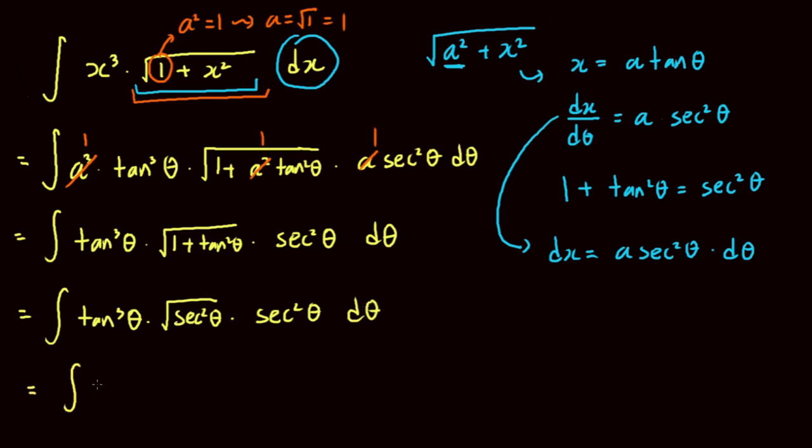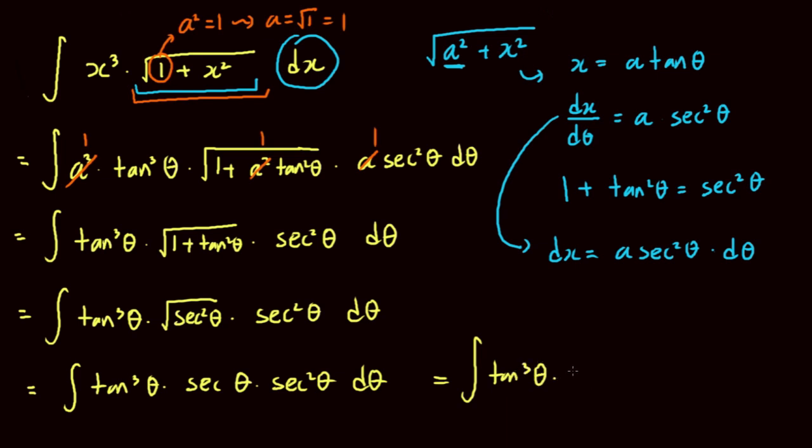That leaves us with tan cubed theta times the square root of sec squared theta, times sec squared theta d theta, and then we're left with tan cubed theta times sec theta times sec squared theta d theta, and then tan cubed theta times sec cubed theta d theta. Interesting.